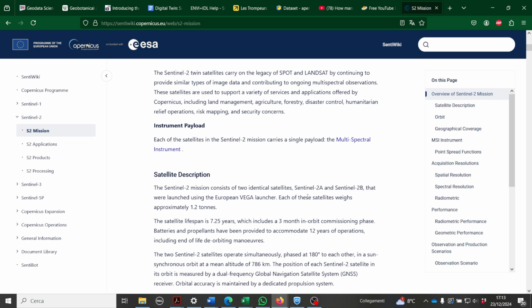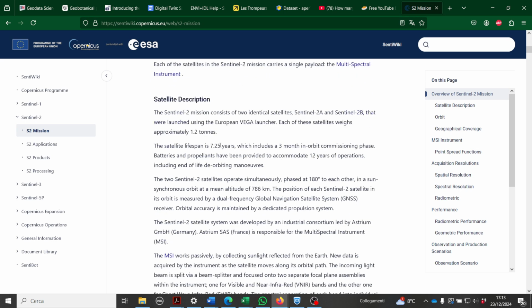This constellation is made of two different satellites, as I mentioned, the Sentinel-2A and the Sentinel-2B. They were launched using the European Vega launcher, and these satellites have a lifespan of around 7 years, but all the batteries and propellants have been provided to accommodate at least 12 years of operation.